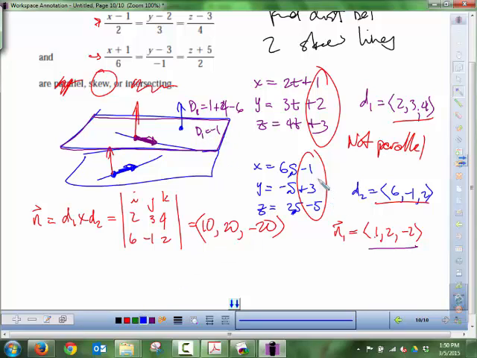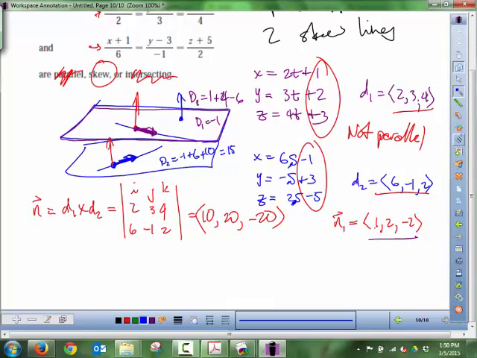And then we'll do the same for this one. We have negative 1, 3, negative 5 for your point. So the D for this one, I'll call it D2, is negative 1 plus 6 plus 10, and that is equal to 15.